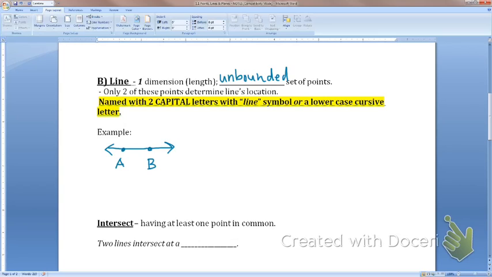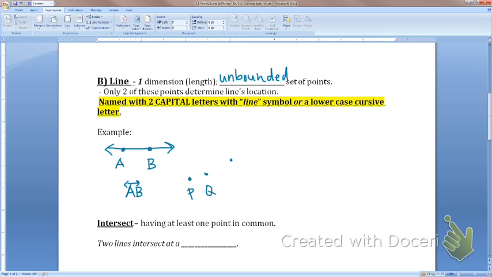Remember, we talked about naming points with capital letters. So if I wanted to talk about this line and I said, hey, look at line AB, I would say this is line AB, and I would draw AB with a little line symbol above it. Or maybe I have another line over here that has 3 points on it.